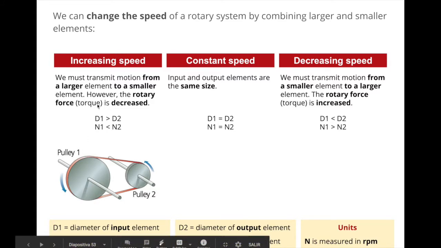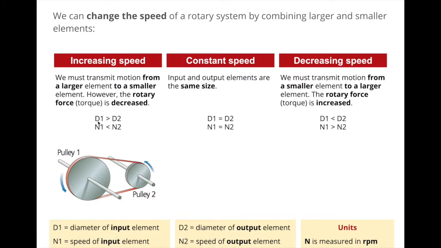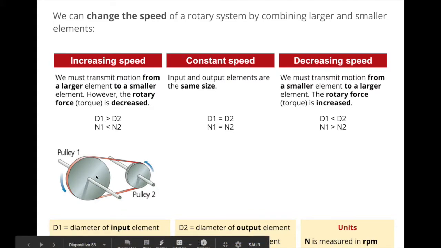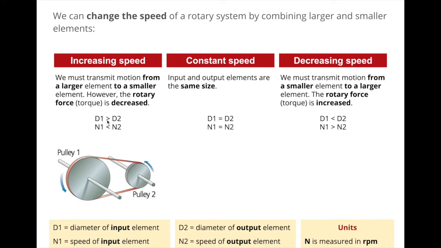So look at this. If D1, which is the diameter of the input element, is bigger than D2, which is this diameter, the speed of this one is going to be smaller or lower than this one, okay? So this is an increasing speed system.